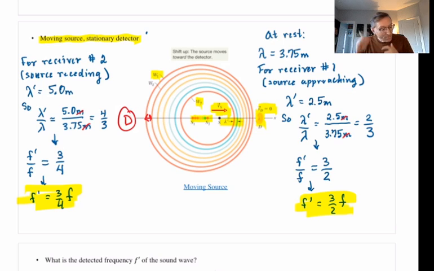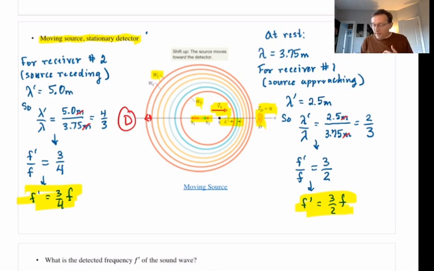We can take both those cases and combine them to get one upshot. Whether you're talking about a moving source or a moving detector, for those two things, motion towards makes the frequency go up, motion away makes the frequency go down. That's the gist of it.